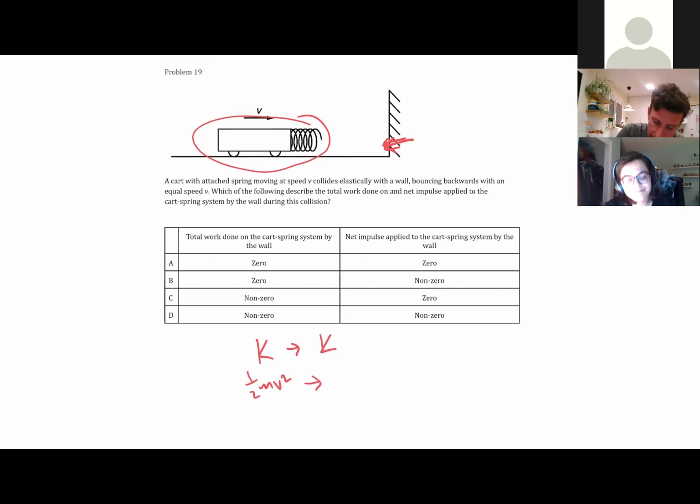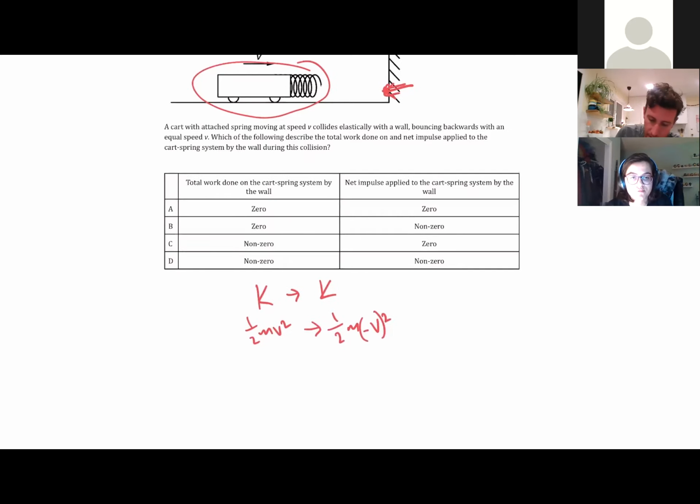So it goes from 1/2 mv squared to 1/2 mv squared, but in this case it's negative v, right? Once I square that negative v, the negative cancels out. And so my kinetic energy ends up equaling my kinetic energy. So my energy before equals my energy after. How much work has been done? 0.